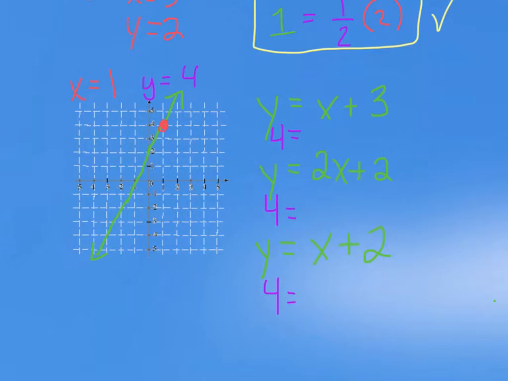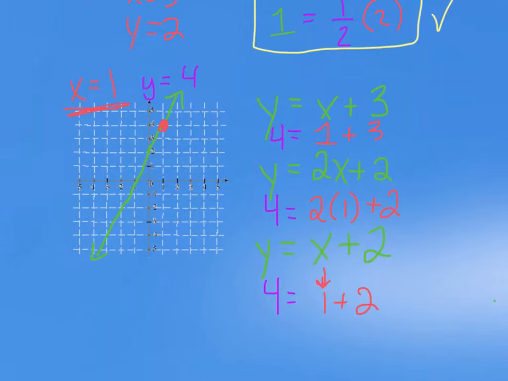And then I'm going to replace in my x values with 1s. So this would be, instead of x plus 3, it's 1 plus 3. The next one would be 2 times x, which is 1. So 2 times 1 plus 2. And then finally, replace x here with 1, you get 1 plus 2.